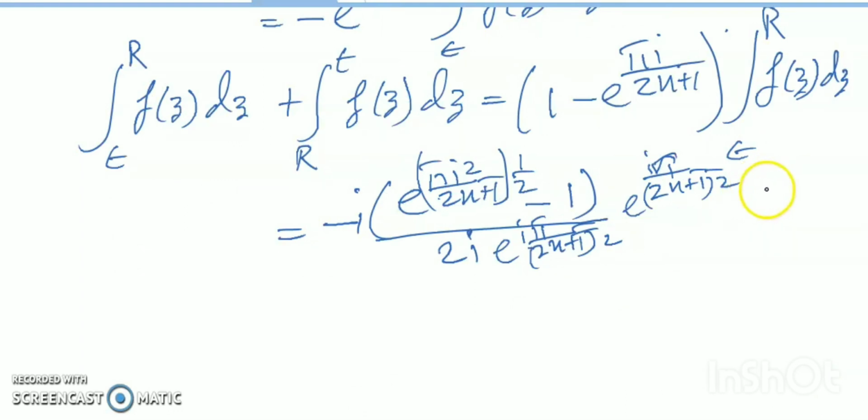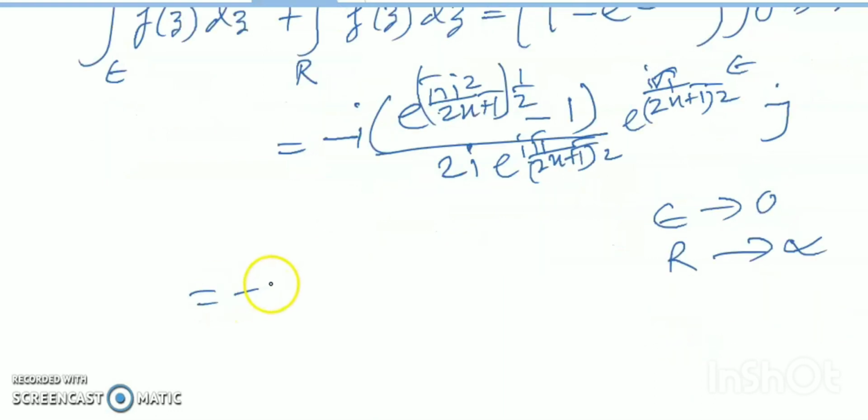Now friends, it can be written as minus i into minus i into e to the power i pi divided by 2n plus 1 into sine.